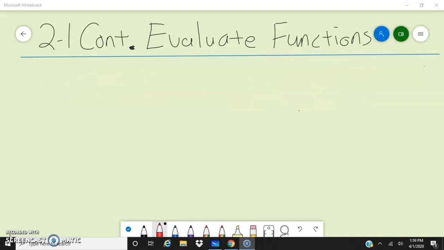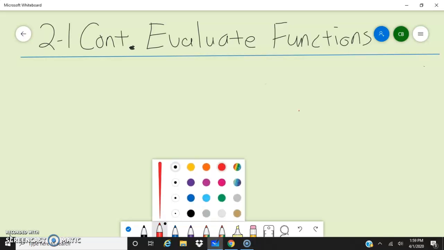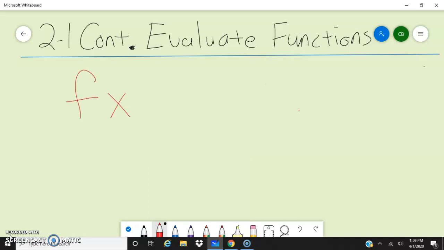Okay, so the second part of this section is evaluating functions. We have seen functions before. An example of a function would be f of x equals negative 2x plus 1. We have seen functions like that before, but now we're going to be evaluating those functions.